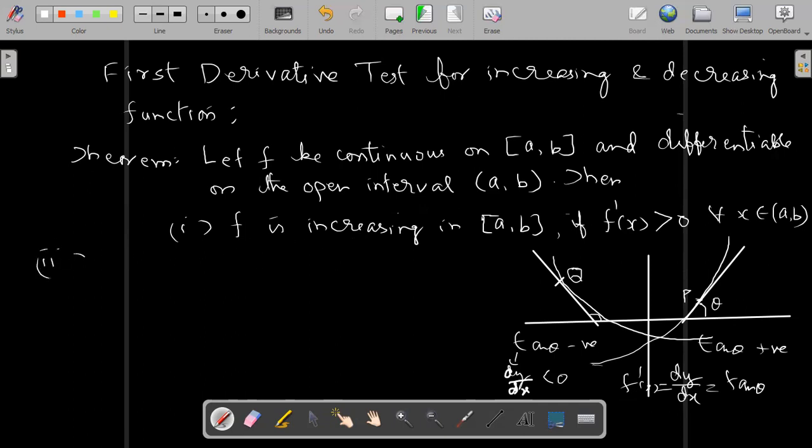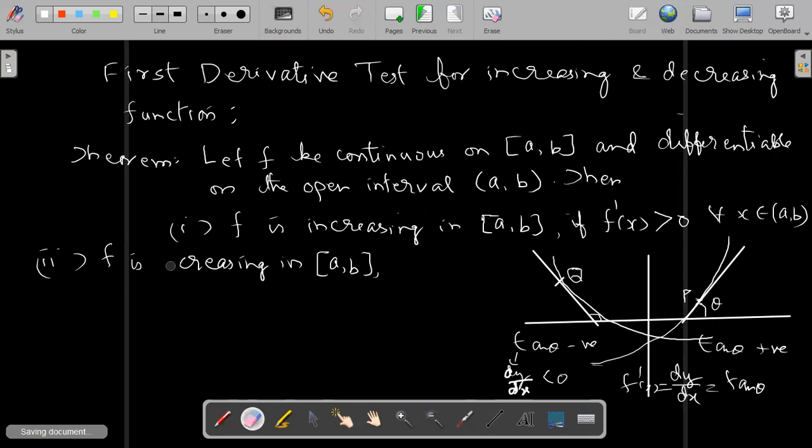And second point, if f is decreasing, then we have to check the derivative. If it is positive, the function is increasing. If we find the derivative and it is negative, then it is a decreasing function.